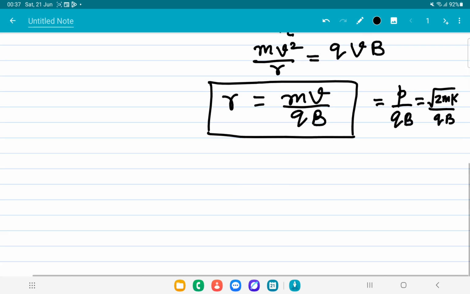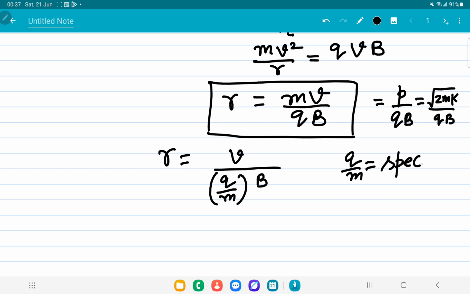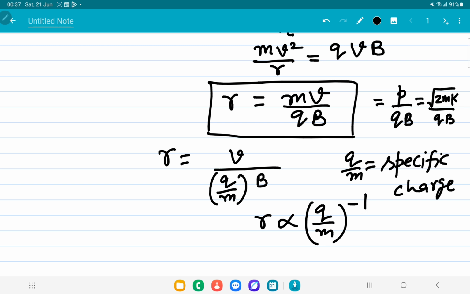This is also very clear from here that r is equal to v upon (q by m) into B. So q by m is called specific charge. So you can say that the radius of the circle traced by the charged particle is inversely proportional to its specific charge.